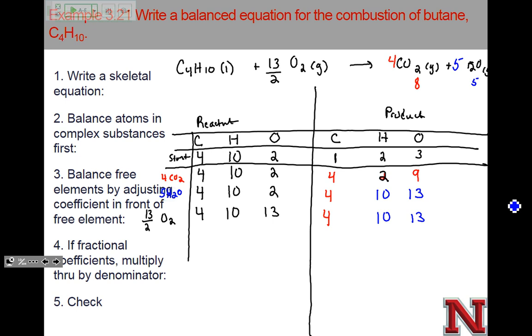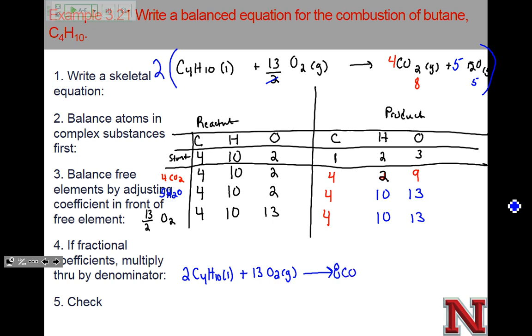But the key here is you have to multiply the whole chemical equation, reactants and products. So if I multiply the whole thing by 2, my 2 will cancel out, and I will have two times C4H10 plus 13 O2 produces 8 CO2.